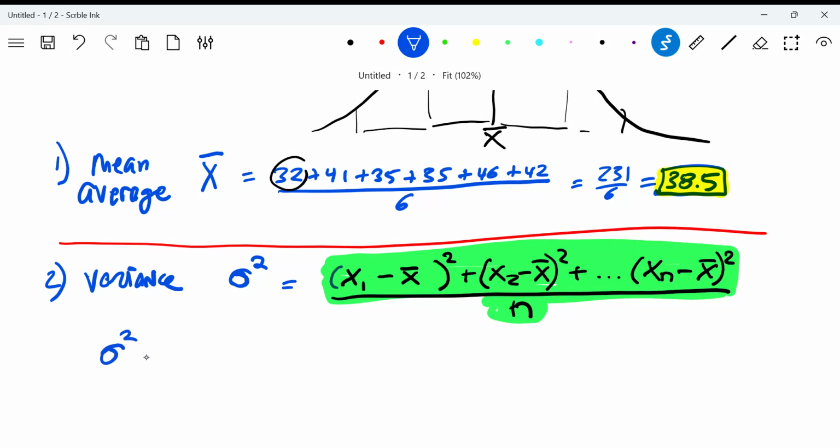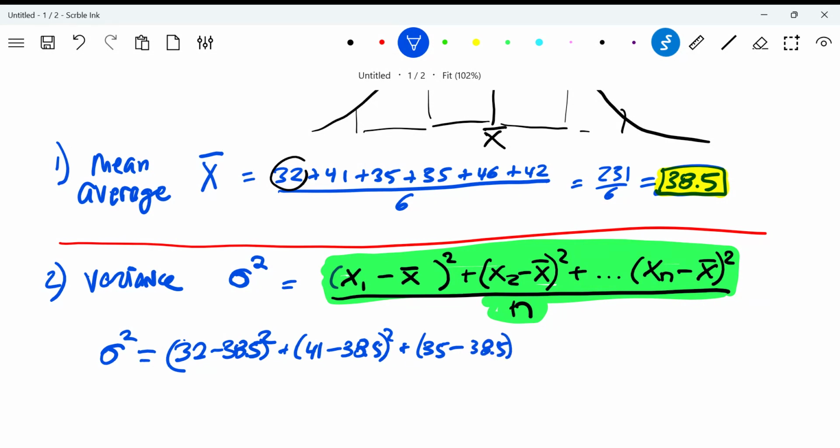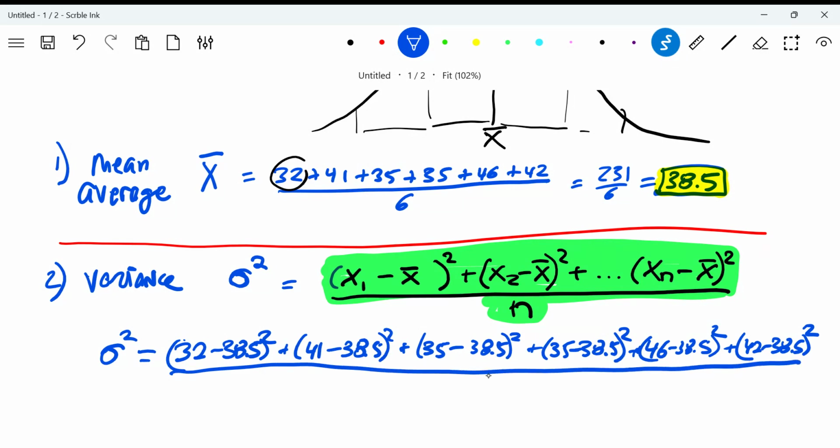So the variance is equal to 32 minus 38.5 squared, plus 41 minus 38.5 squared, plus 35 minus 38.5 squared, plus 35 again minus 38.5 squared, plus 46 minus 38.5 squared, and finally 42 minus 38.5 squared, and all of that divided by 6.